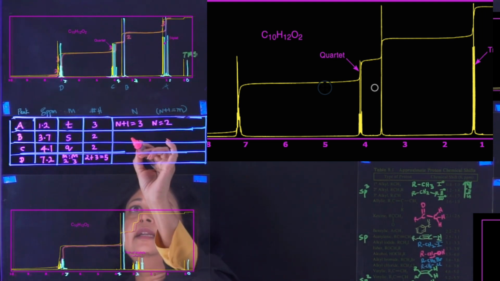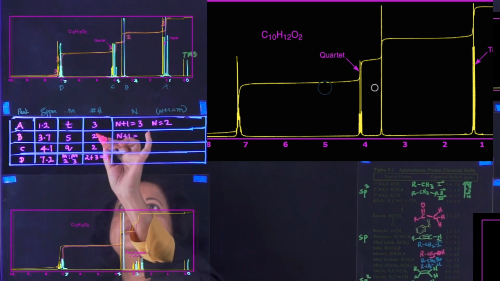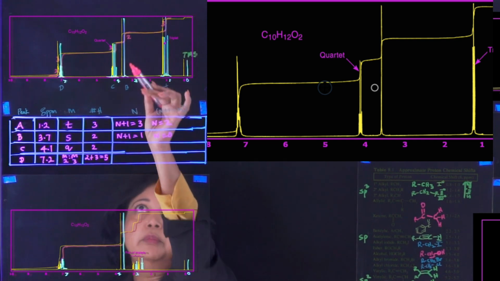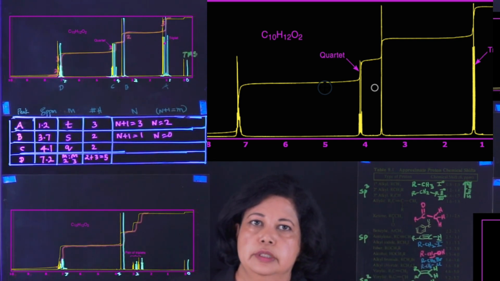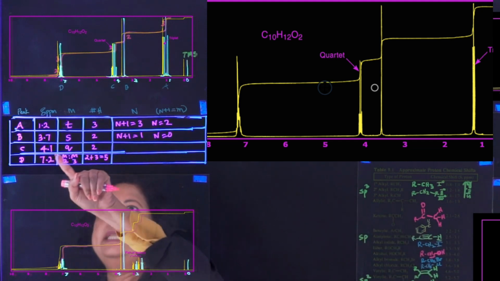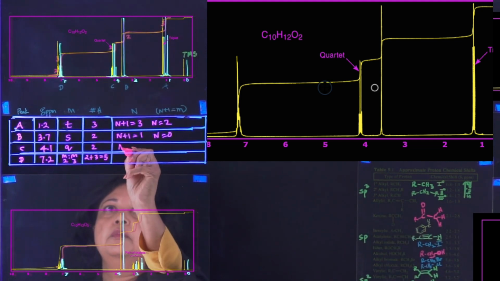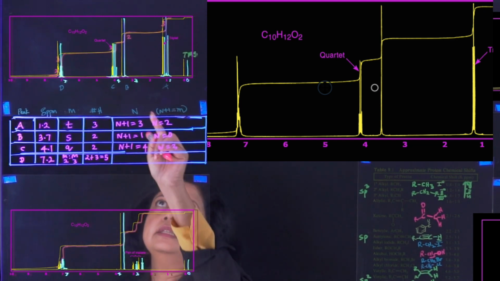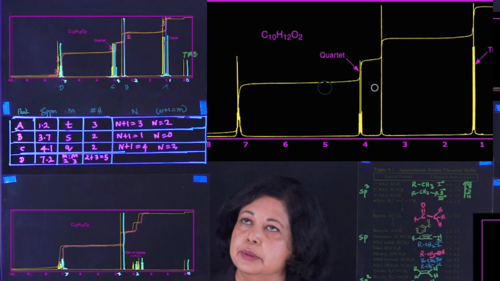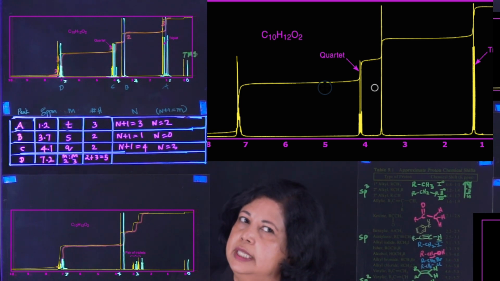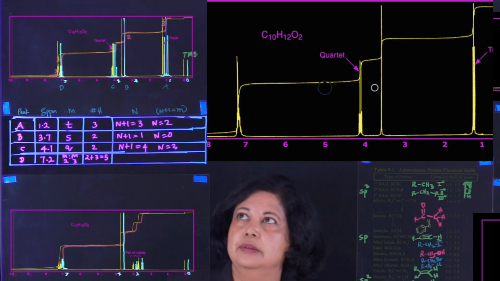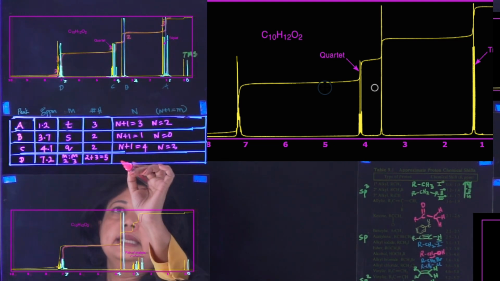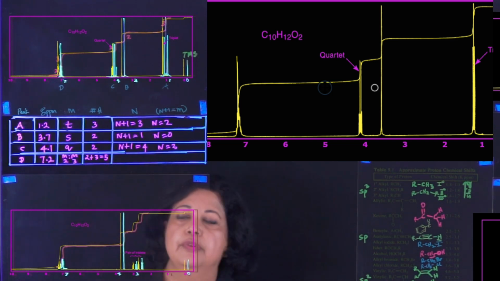Over here, this is a singlet, so n plus 1 is 1, n is 0. So this guy is in a unique environment where it has no neighboring hydrogens. C is a quartet, that's 4, so n is 3. So this guy has 3 hydrogens next door. Okay, I think we've seen quartets, remember? So recall what happens when you have quartets. And this is a multiplet, and so this is going to be 5 hydrogens.